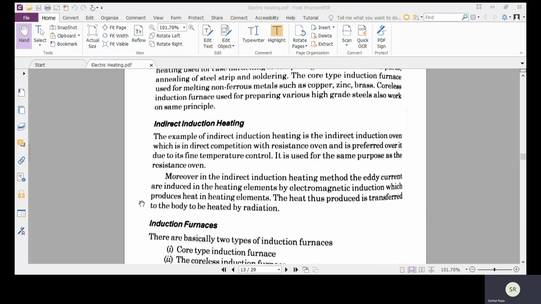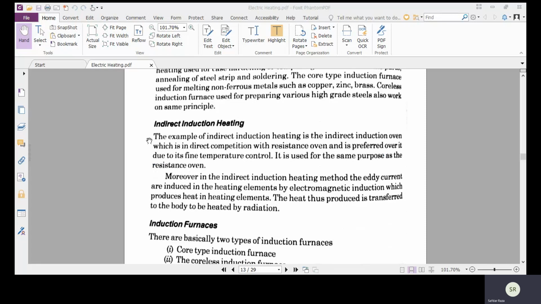Now, what is indirect induction heating? The example of indirect induction heating is the indirect induction oven, which is in direct competition with the resistance oven and is preferred over it due to its fine temperature control. It is used for the same purpose as the resistance oven.